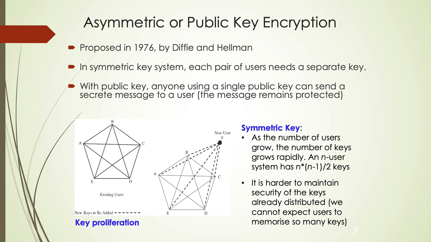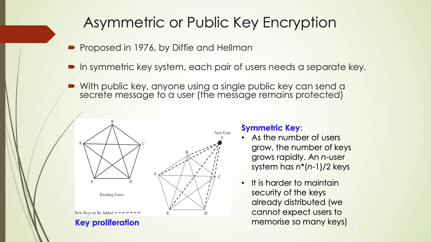So each user has to connect with each and every other user, and they have to have a set of keys each. And it's harder to maintain security if the keys are already distributed, and we can't expect users to memorize every single key that they have. So Diffie and Hellman proposed an asymmetric or public key encryption in 1976.